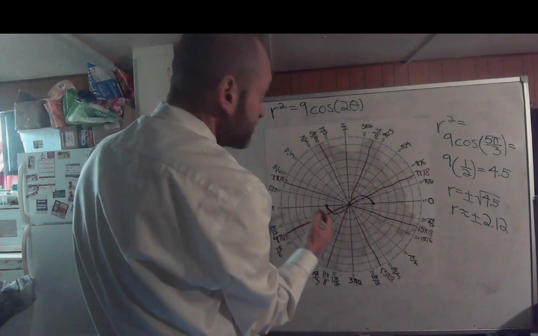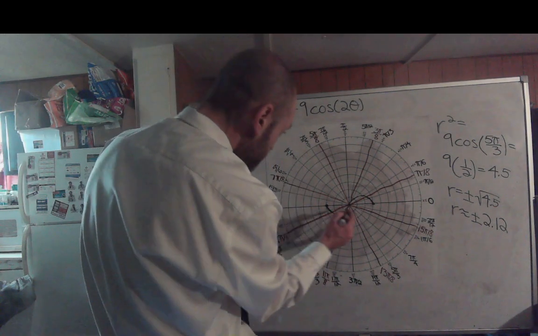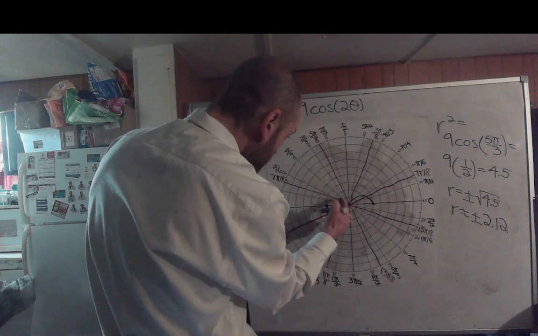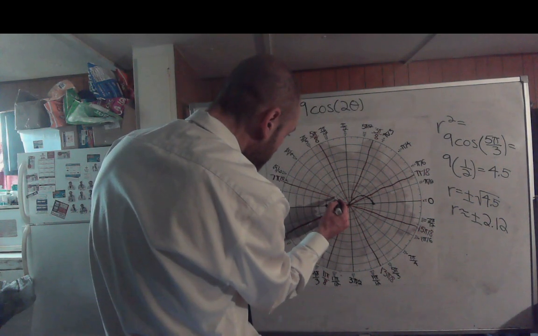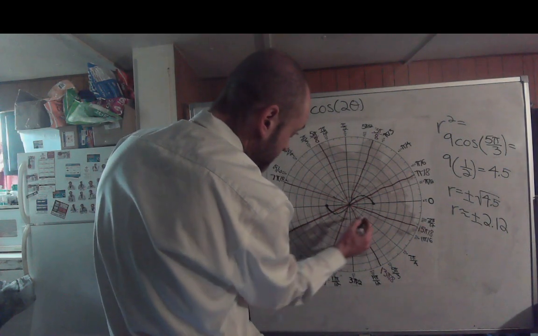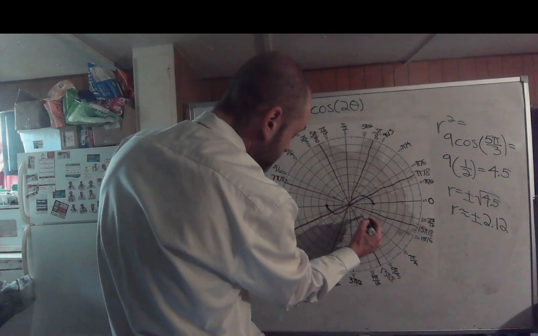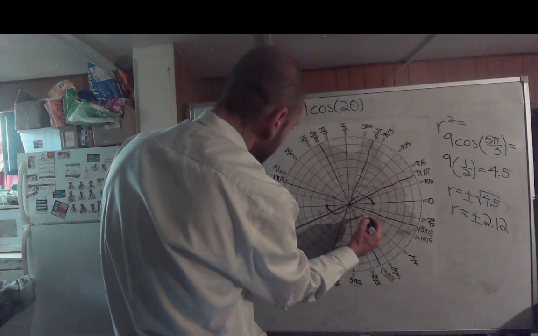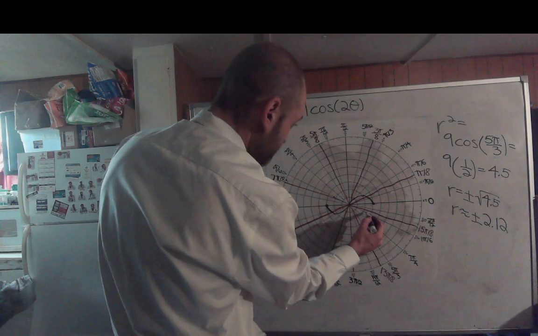So at 5 pi over 6, that's about 2.12. And if we go in the negative direction, that'd be about negative 2.12, which would actually put me at 11 pi over 6.